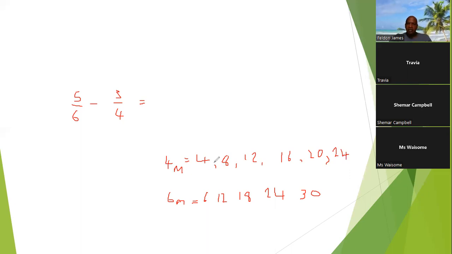So 4 by itself is the first multiple of 4, then 8 is the second multiple of 4, 12 the third, and so on. What about 6? It's the same thing. We are multiplying the counting numbers by 6. So if we are counting by 4, and if we are counting by 6, we are really getting multiples of 4 and multiples of 6.